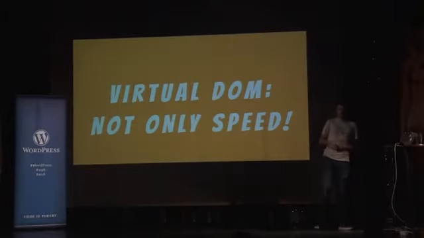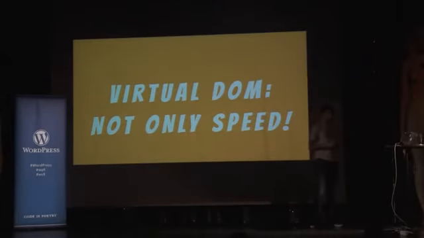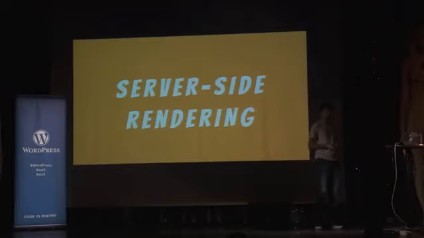The virtual DOM, however, is not only useful for faster speed. Because we're not dealing with the browser DOM anymore, and we have our own structure, we can do a lot of really, really cool things. For example, we can just render these pages on the server.